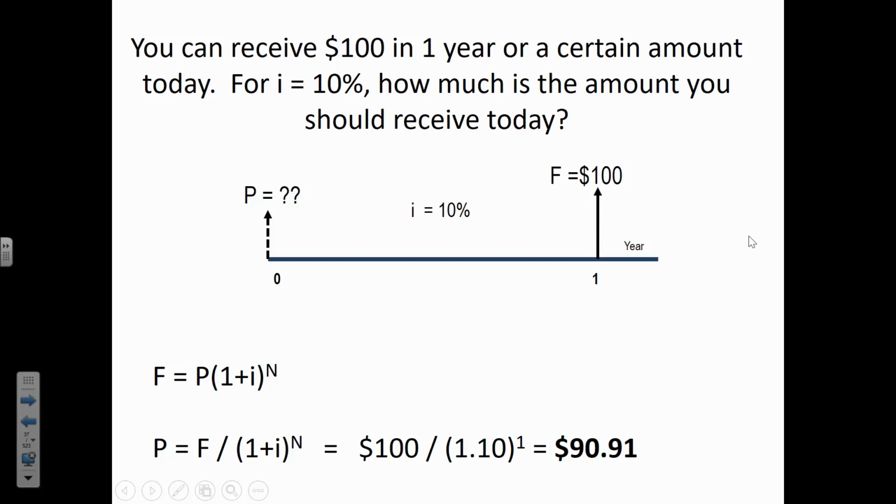Any questions so far about economic equivalence? So think about the practical application of this. It has a lot to do with sometimes if you've gotten a bid from a contractor on a job, you're getting your driveway refinished, or you're getting plumbing done in your house. Sometimes bids will only be valid for a certain period of time because they can't lock in the price of materials or know exactly how much things are going to cost an indefinite amount of time in the future.